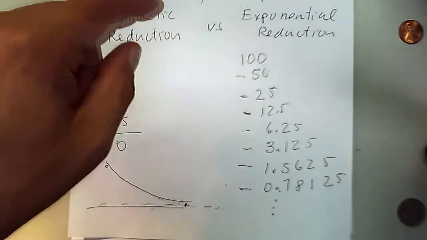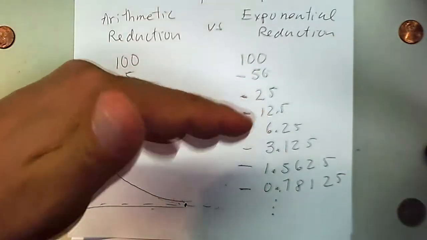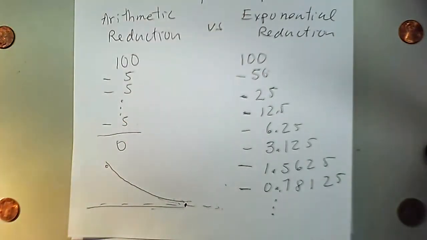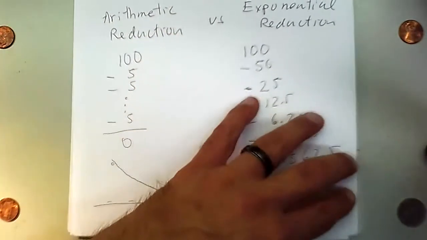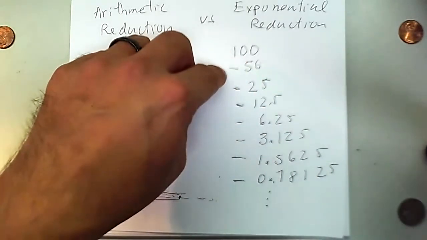So that time that it takes to get down to half whatever the substance we start with is called the half-life of a substance.